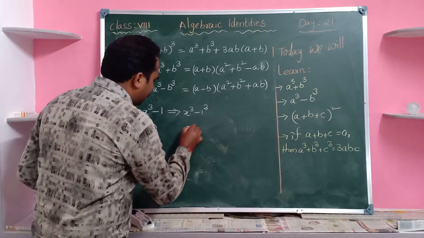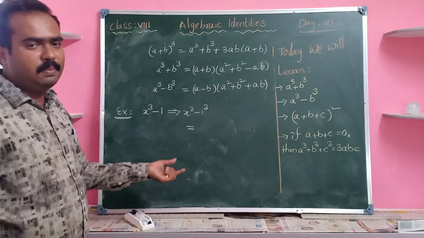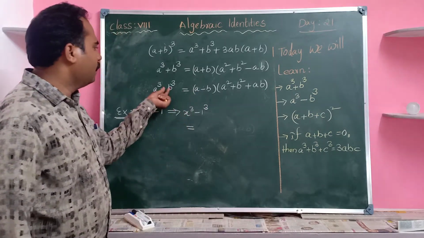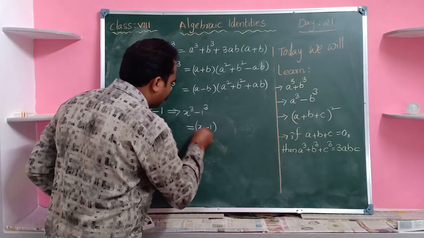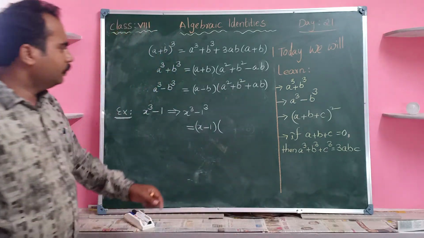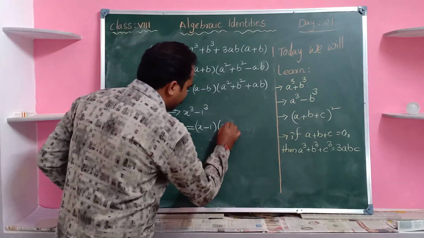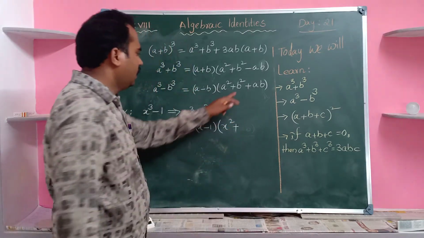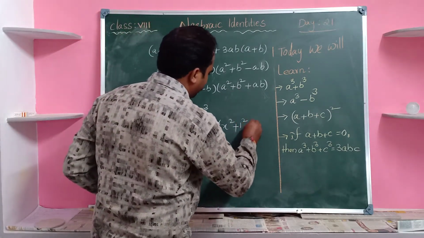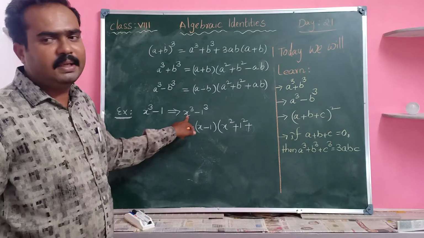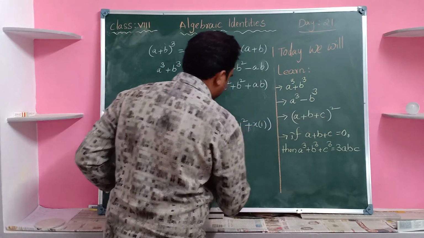So the expansion of this one is equal to (a-b), that means a is equal to x, b is equal to 1, so (x-1) into (x^2 + 1^2 + x into 1).